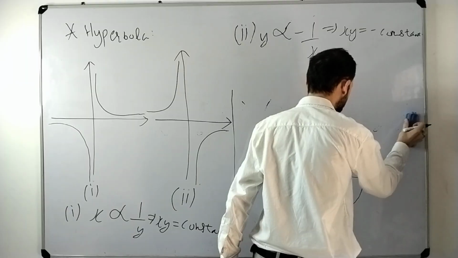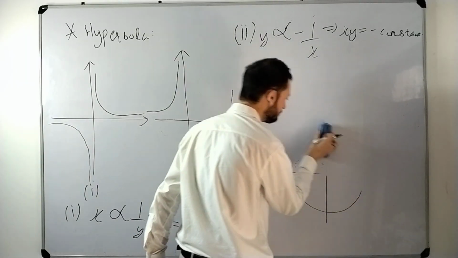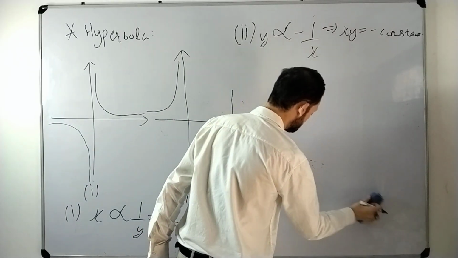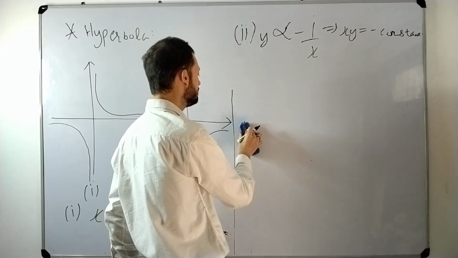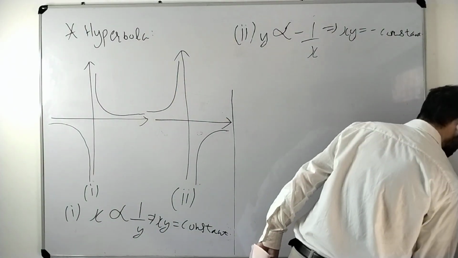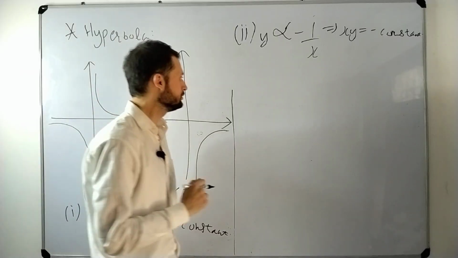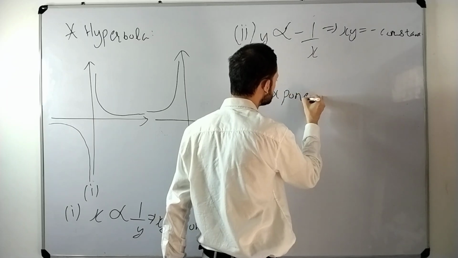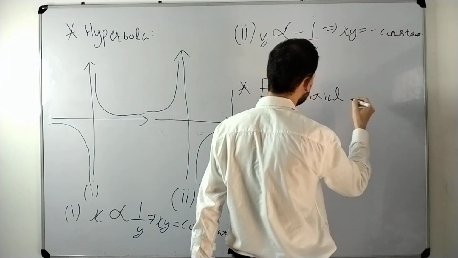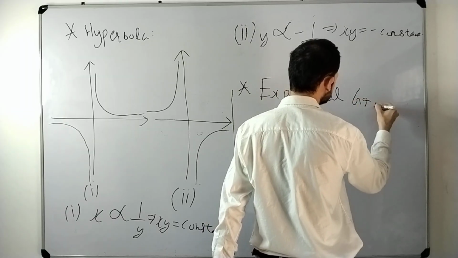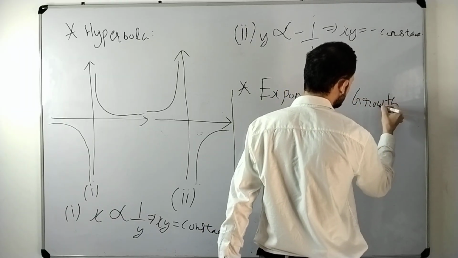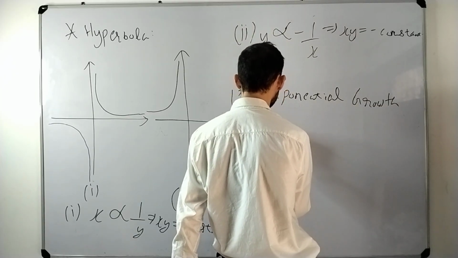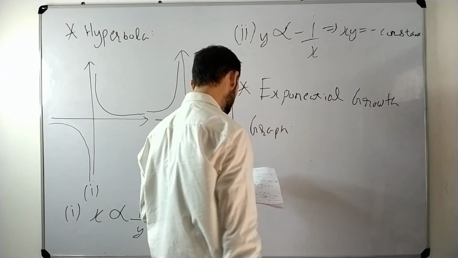The next part, exponential growth graph. What is exponential growth graph, students? Sir, the one in which there is exponential growth of something. Yes, very good. This is the answer. So when you have exponential growth, you have this graph, the exponential growth graph.